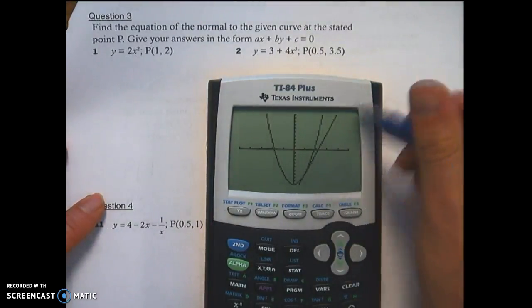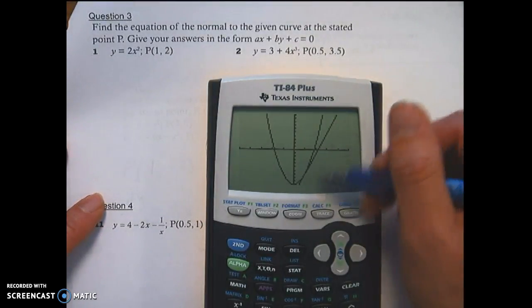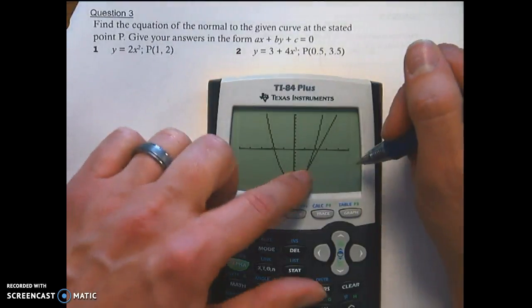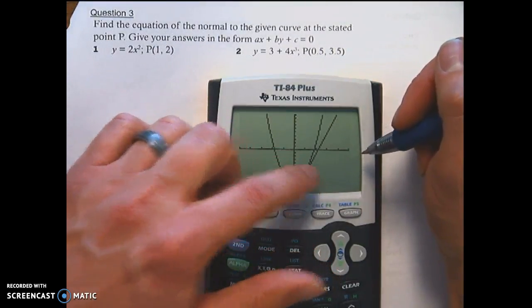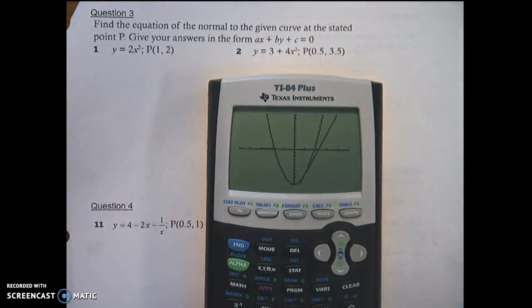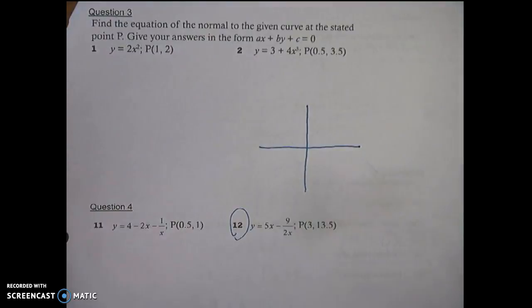Here's that quadratic, here's the tangent line. The normal is the perpendicular line that goes right through that point. So it's the same as the tangent line, just with perpendicular slope. It goes through the same point, it's just perpendicular to the tangent line. So that's what a normal is.